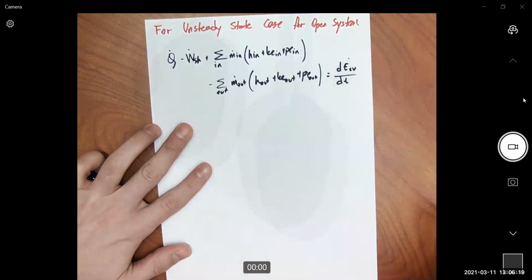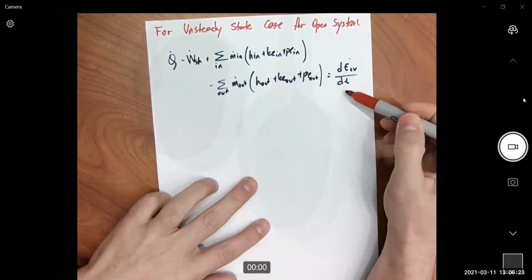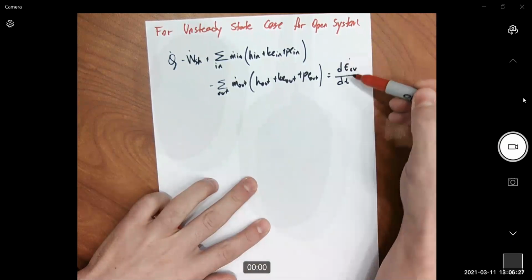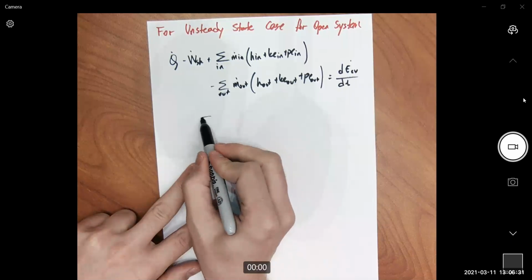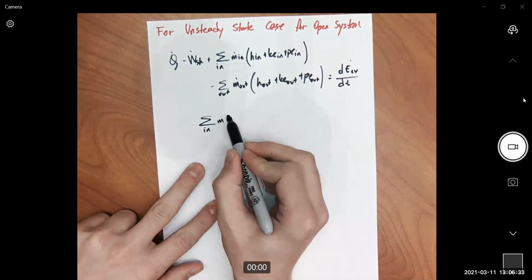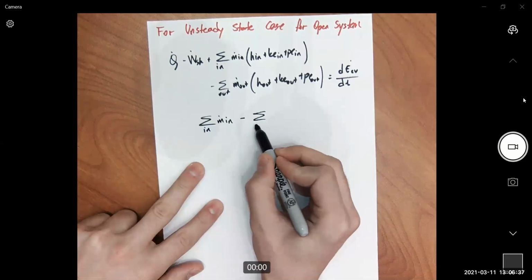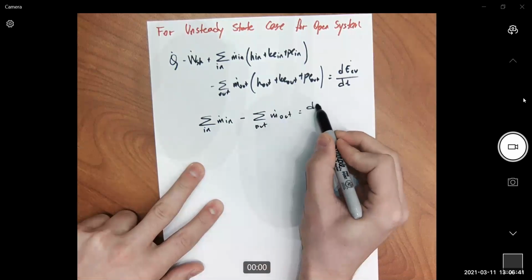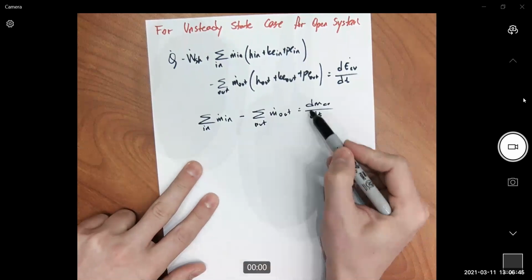We don't have that as zero. This term is not zero now. Or the mass balance: m in minus m out equals dm/dt. This term is not zero now.